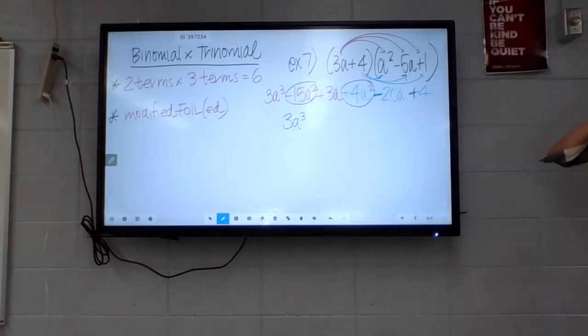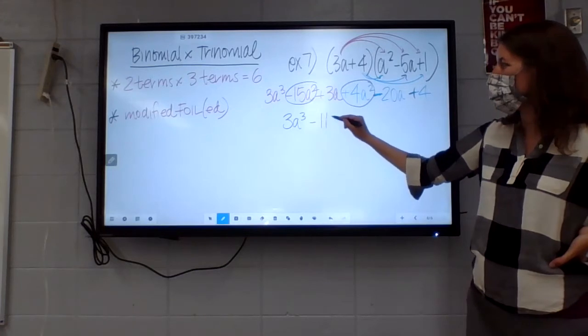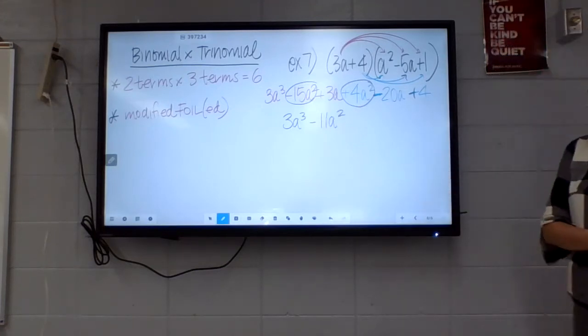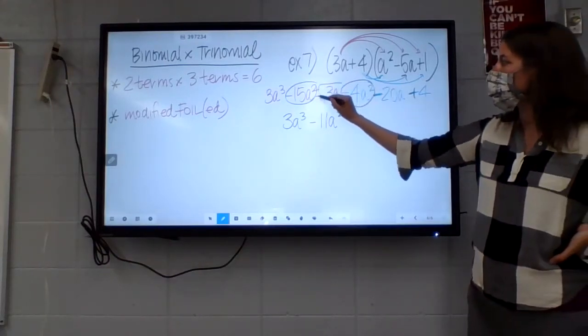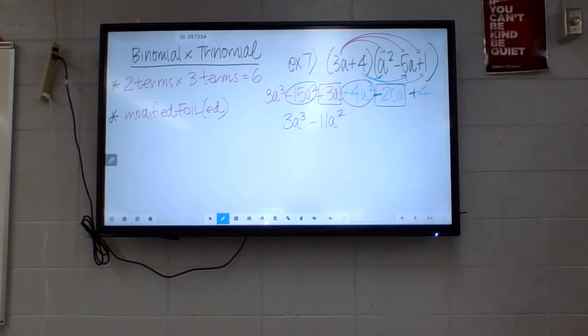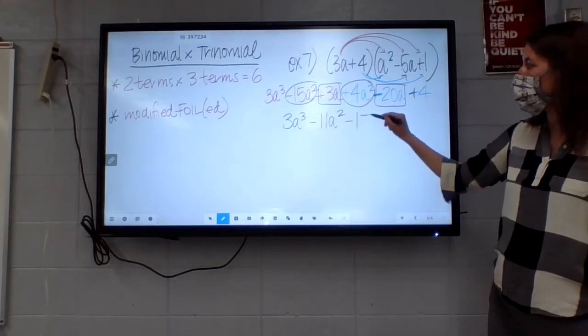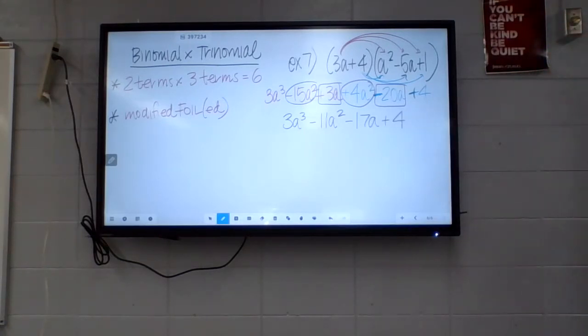So I have negative 15a squared and 4a squared. That's a negative 11a squared. Then I have this positive 3a and this negative 20a. 3 minus 20 is negative 17a. And then the plus 4 is just going to come down on the end.